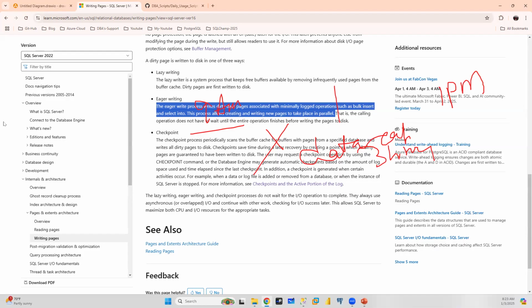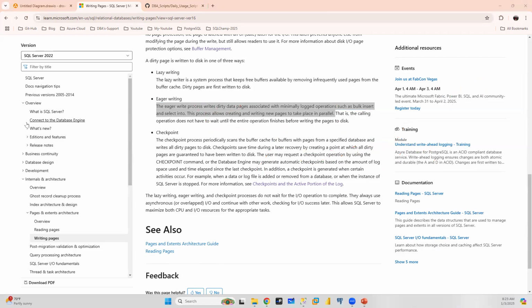Yes, sir, it's clear. Just remember only this, don't think much. I will talk more when we are discussing the bulk logged recovery model. Very, very important concept.